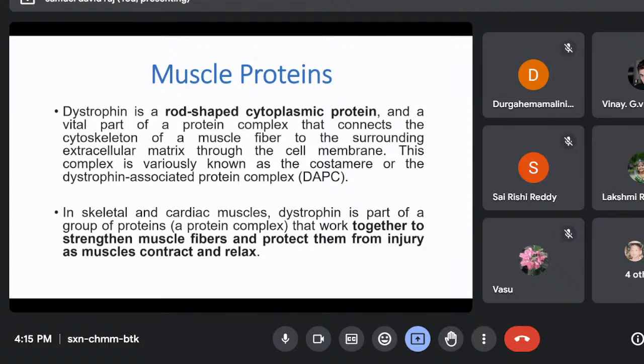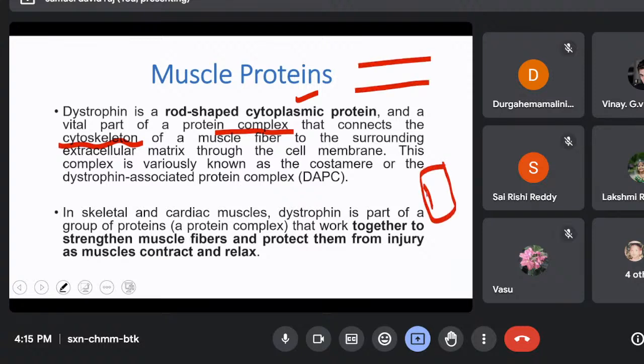The first muscle protein, apart from the other proteins we have discussed before, is dystrophin. Dystrophin is a rod-shaped cytoplasmic protein, and it is a vital part of a protein complex that connects the cytoskeleton of a muscle fiber. Every cell has a cytoskeleton beneath the plasma membrane.